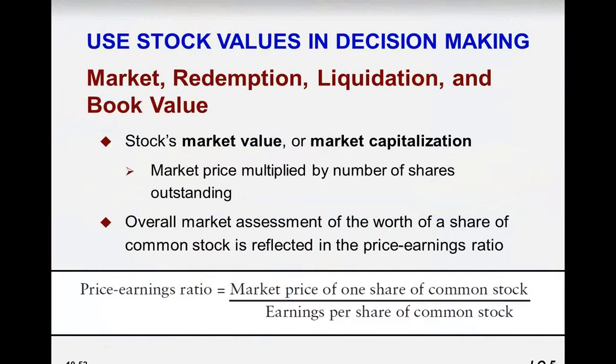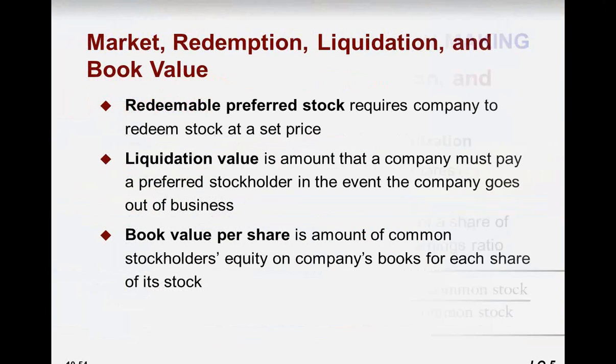The price-earnings ratio is the market price of one share of common stock divided by the earnings per share of common stock. This has become the go-to ratio to look at if you want to invest in stock, the price-earnings ratio. The market price of one share of common stock divided by the earnings per share of common stock.